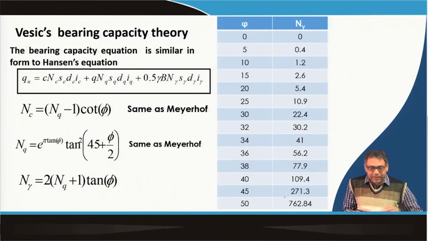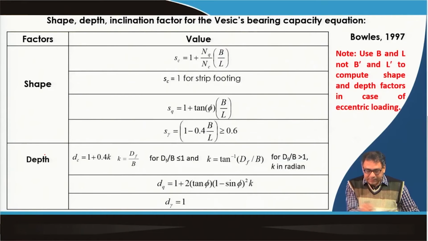Now, this is the Vesic bearing capacity theory, which is similar to Hansen's bearing capacity theory. This is again the general equation, but the Nc value and Nq value we will get as per the Meyerhof equation, but again N gamma is different. So, this is the N gamma table. From here I will get the value of N gamma corresponding to different phi values.